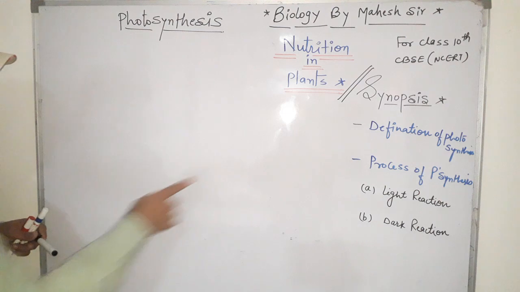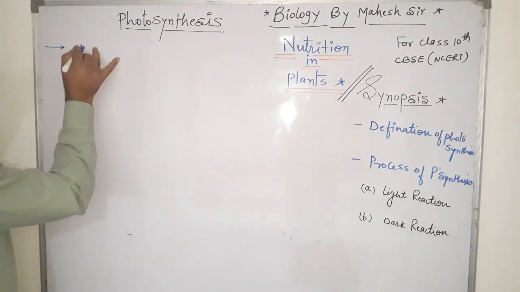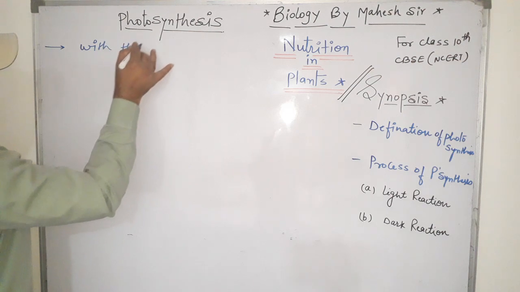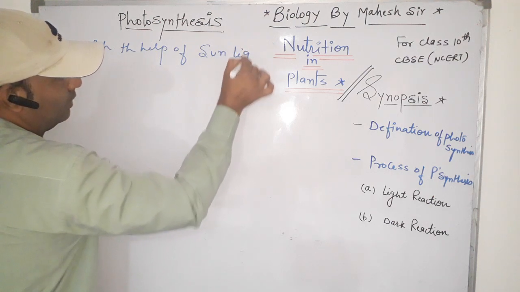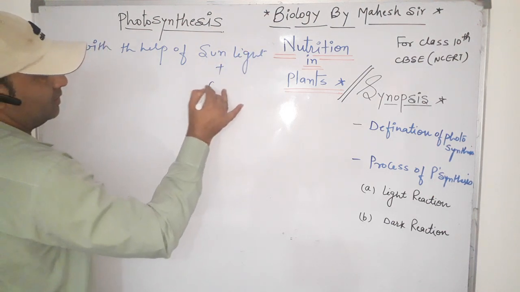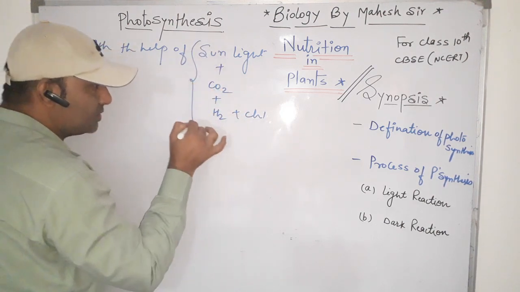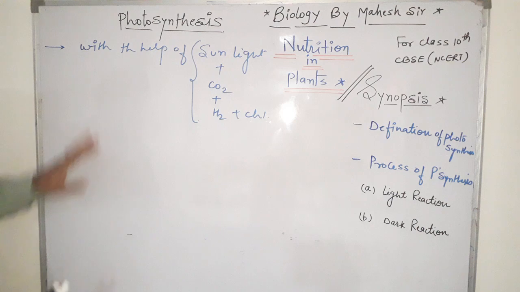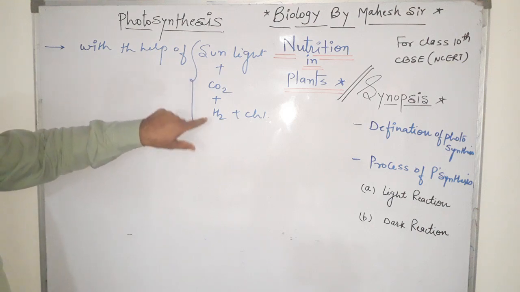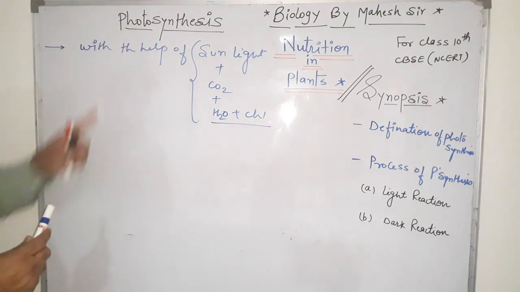First of all, as per the synopsis, the definition of photosynthesis. Photosynthesis means the process by which a plant produces food with the help of solar radiation or sunlight plus carbon dioxide plus water and chlorophyll. Again, the definition: the process by which a plant prepares food with the help of solar radiation, carbon dioxide, water and chlorophyll is called photosynthesis.